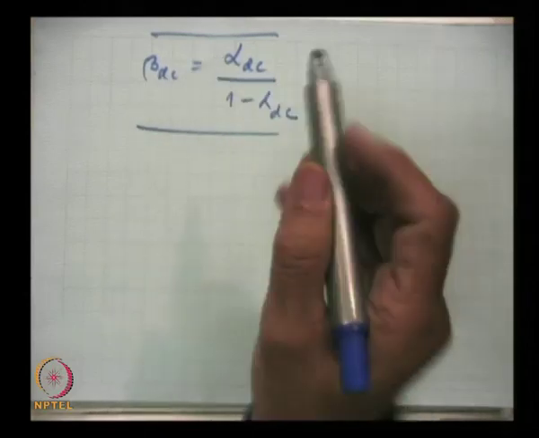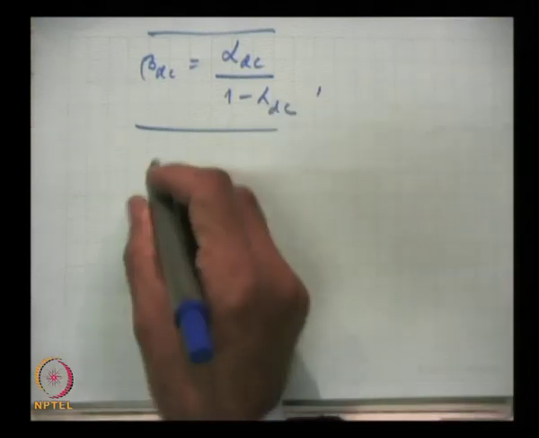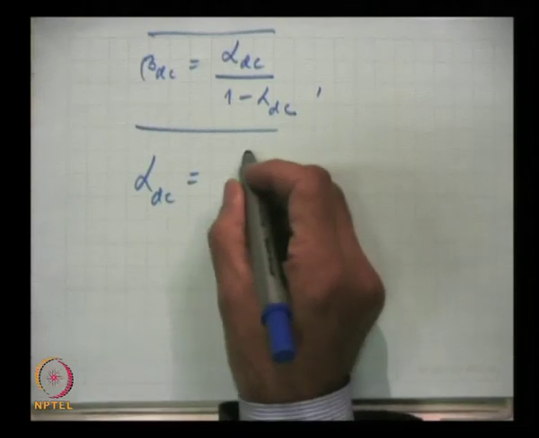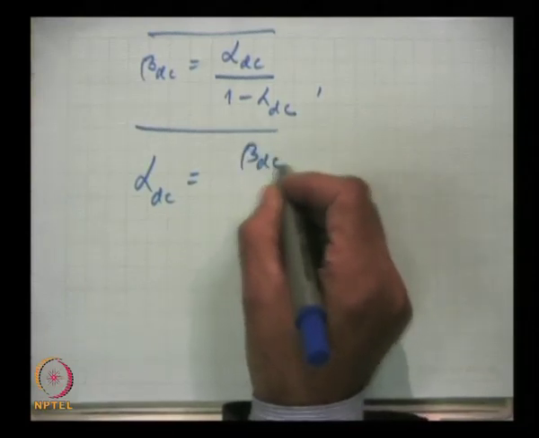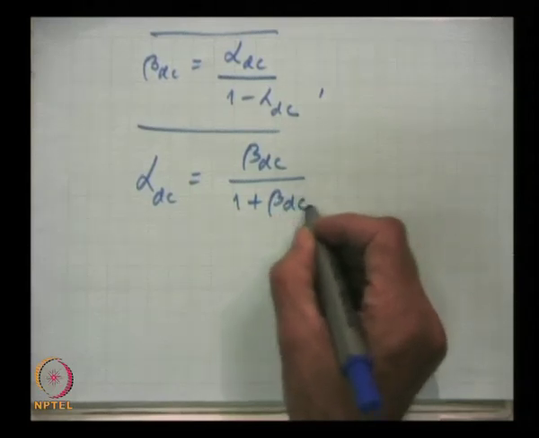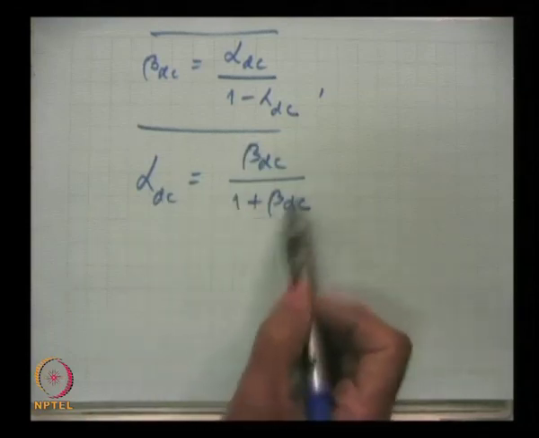From this equation we can also write alpha in terms of beta, that is alpha DC is equal to beta DC by 1 plus beta DC, and as you are seeing, this will be slightly less than 1.